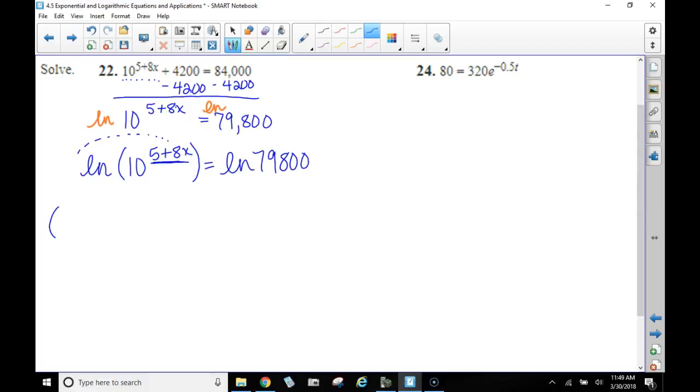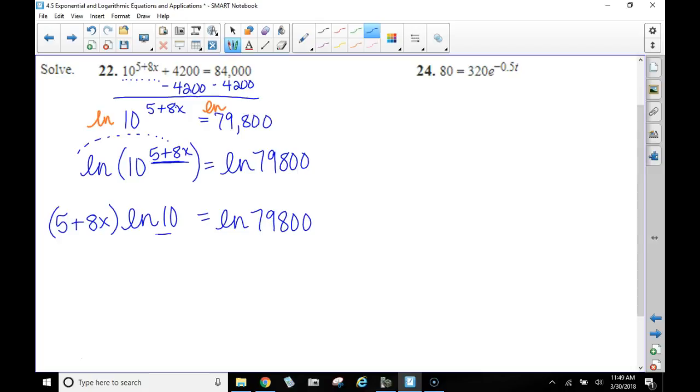So we're going to have the quantity 5 plus 8x multiplied by the natural log of 10 is what is remaining, equals the natural log of 79,800.